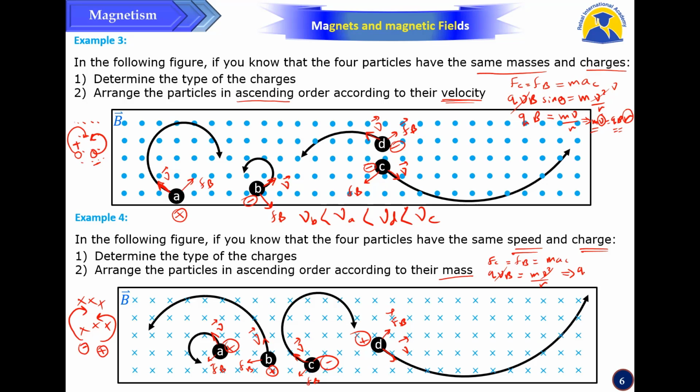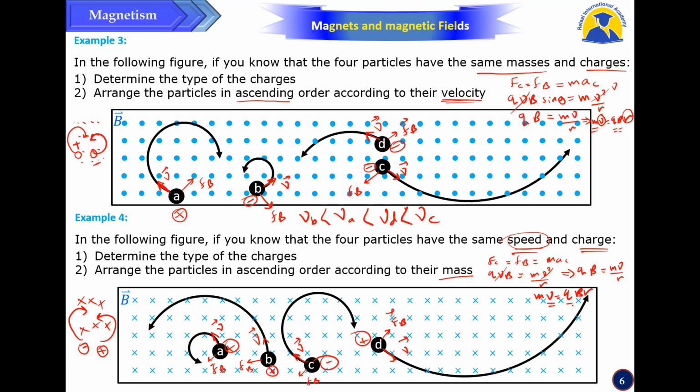So QB will equal mv divided by R. Now we need to find the relation between R and M. So cross multiply: mv will equal QBR. V here is constant, the speed is the same.